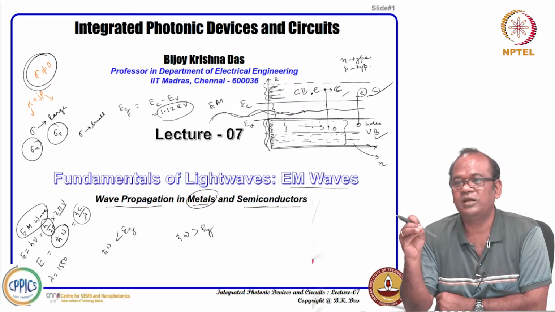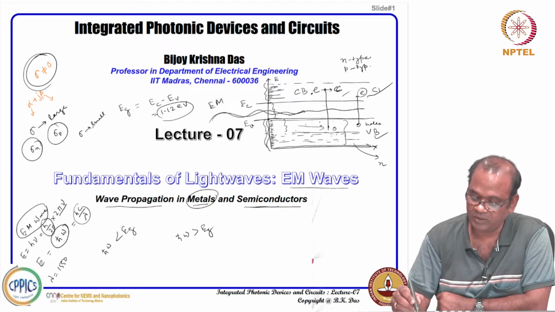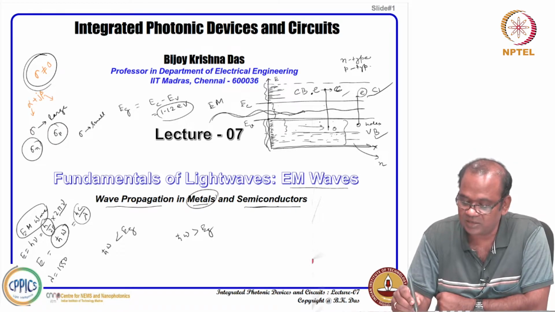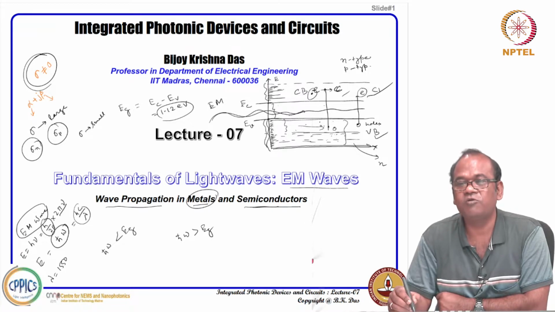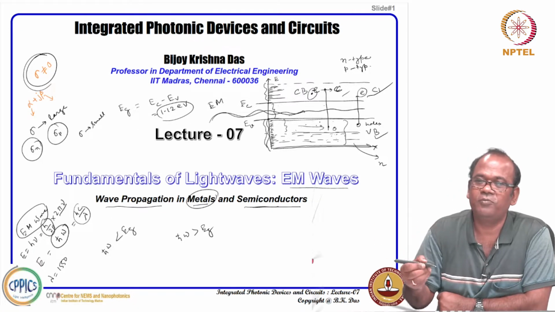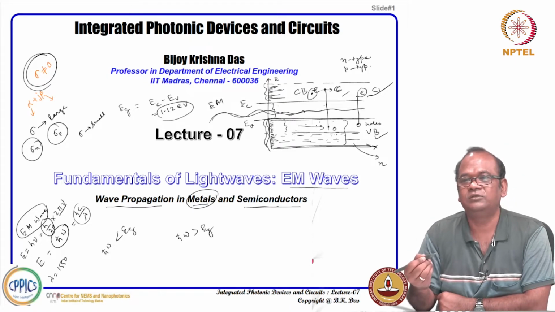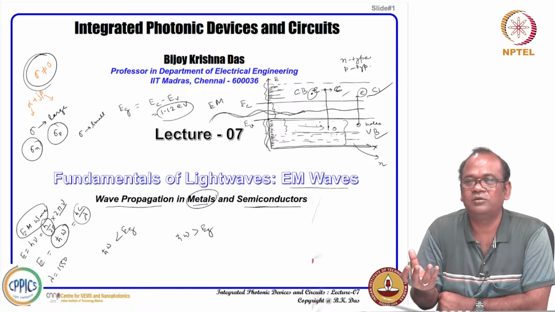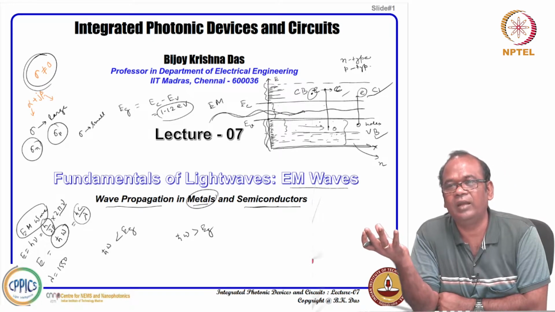Sometimes, if a certain condition is created, the electron can reoccupy the hole and emit a photon again. So, this type of photon absorption and photon emission can happen, and that is normally a quantum mechanical phenomenon.